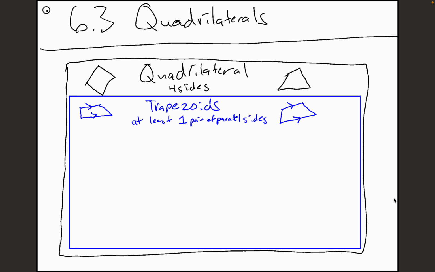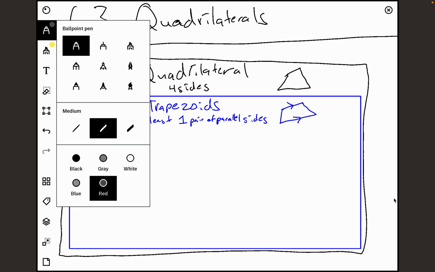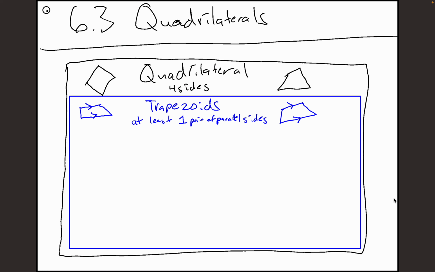Okay, perfect. Now, do you see how the trapezoids is inside of the box of quadrilateral? That's because all trapezoids are quadrilaterals. Okay? Not all quadrilaterals are trapezoids, but all trapezoids are quadrilaterals. So we're going to kind of follow that with the next one.